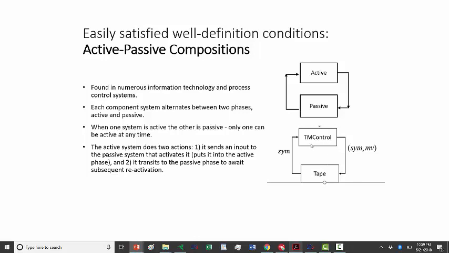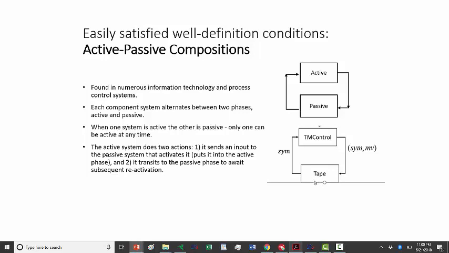And in fact, the Turing machine components, when coupled together, provide an example of an active-passive composition. As you recall, the Turing machine decides on what the next symbol and move to send to the tape should be, and then it goes passive while it's in the symbol to activate the tape.